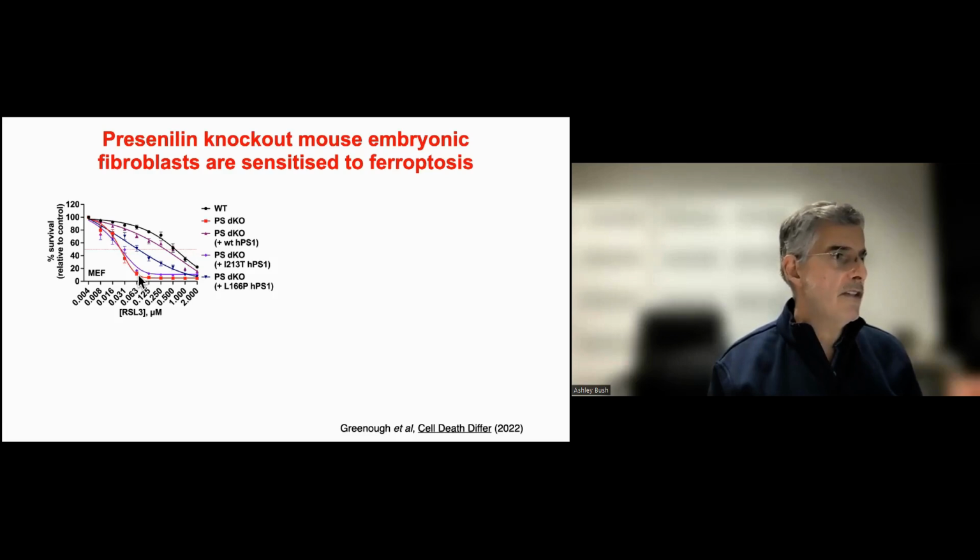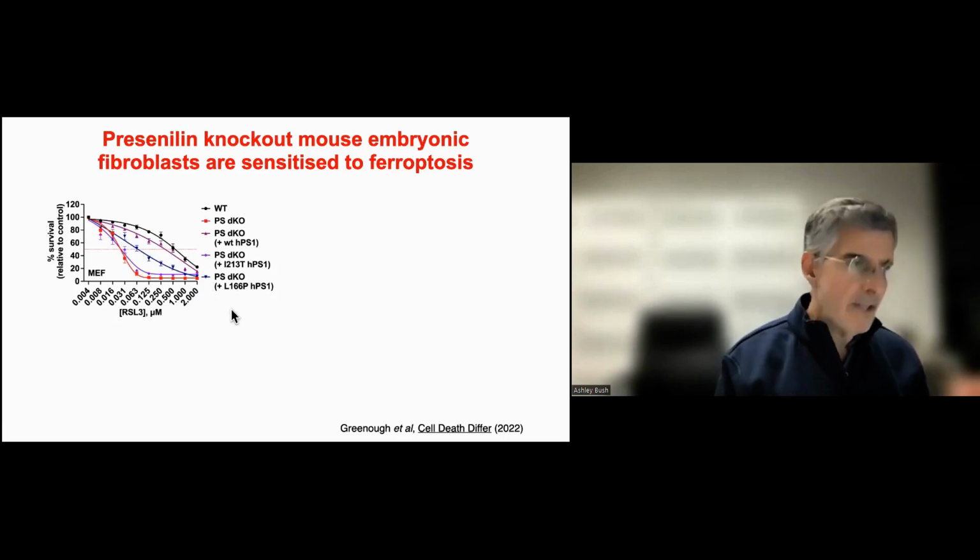When we test cells that have had wild-type human presenilin 1 transfected in, this nearly normalizes the kill curve towards that of the wild-type fibroblasts. But transfection with familial Alzheimer's disease mutants causes either incomplete or no protection whatsoever.